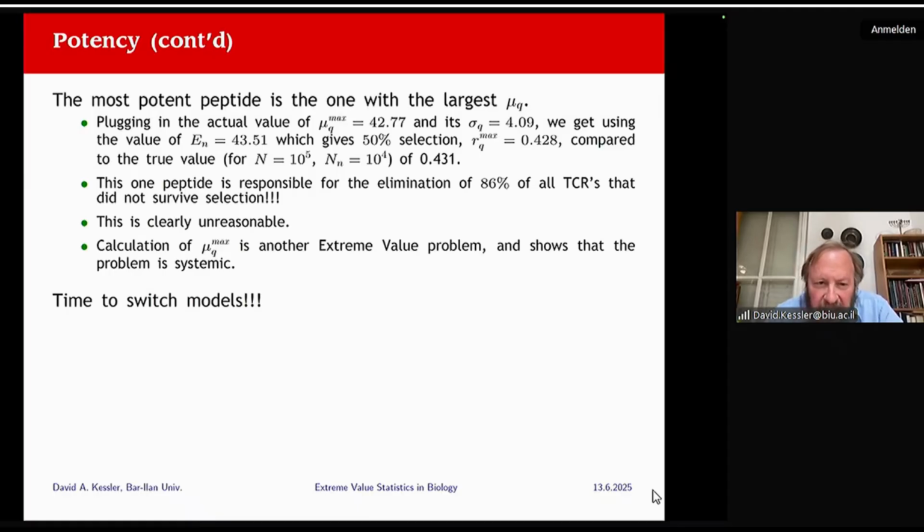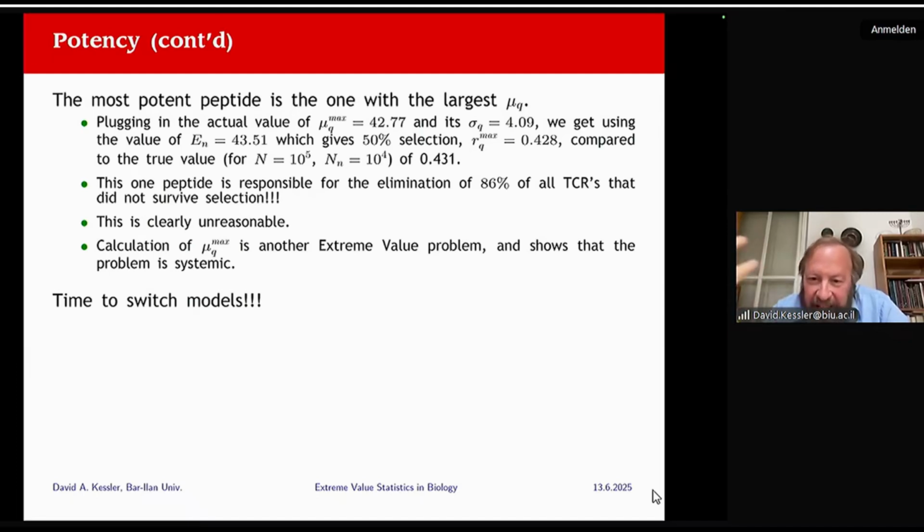In other words, this one peptide is responsible for the elimination of 86% of all the TCRs. You've adjusted the parameters so that you're throwing out half the TCRs, and this peptide eliminates 43% of the 50%, so 86% are killed by this one peptide.